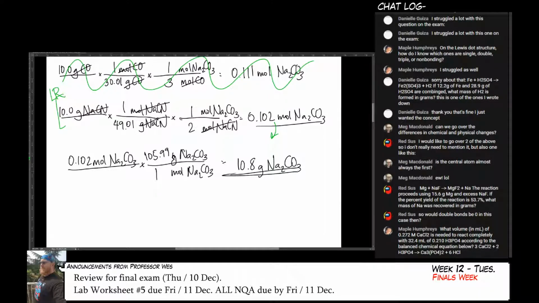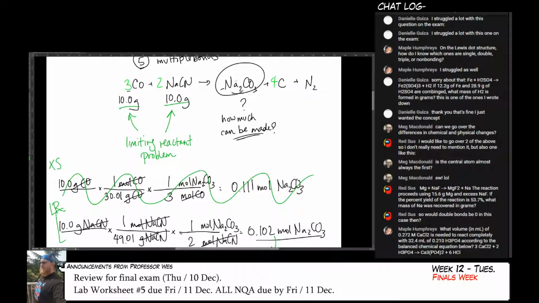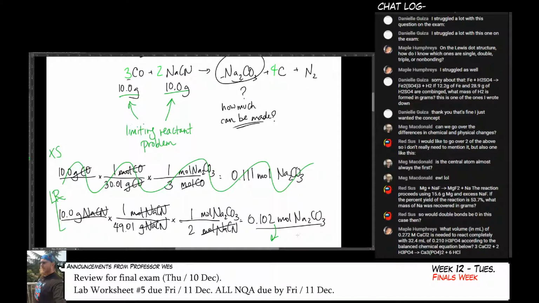So the tricks for a limiting reactant problem are, one, you've got to recognize it's a limiting reactant. The way that's done is to see that there are two reactant masses given. Then you convert both of them to moles of the product that the answer wants. In this problem that I made up, I said, how much sodium carbonate can you make? So we turn both of these quantities into moles of sodium carbonate. Once you've done that, you choose the one that's smaller.